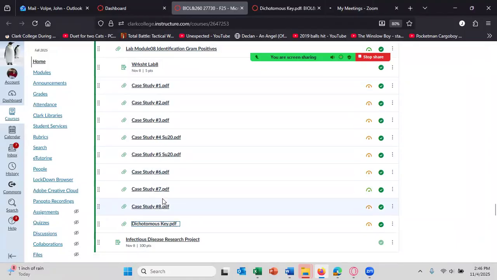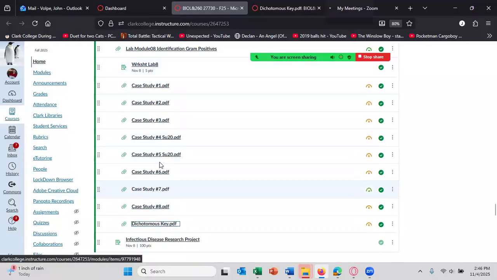And I'm glad I kept them separate because he changed, I think it was these two, case study 4 and case study 5. Then I needed only to change these two files, which he sent to me. So I just needed to upload them instead of redo the whole thing. Any question about any of this?